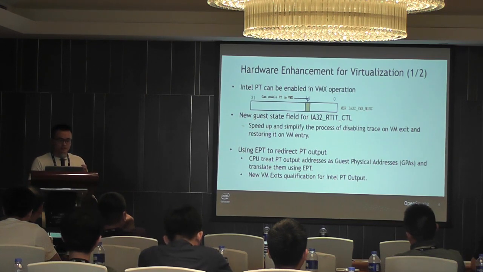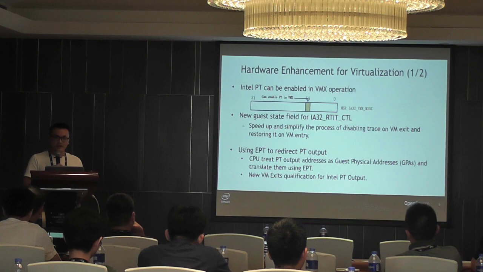That is using EPT to redirect the PT output address. Because on native, we need to allocate the buffer and set a physical address to the hardware to save the processor trace.